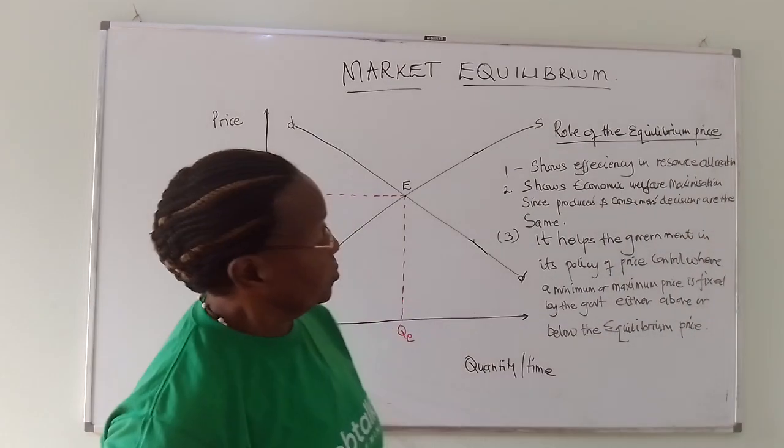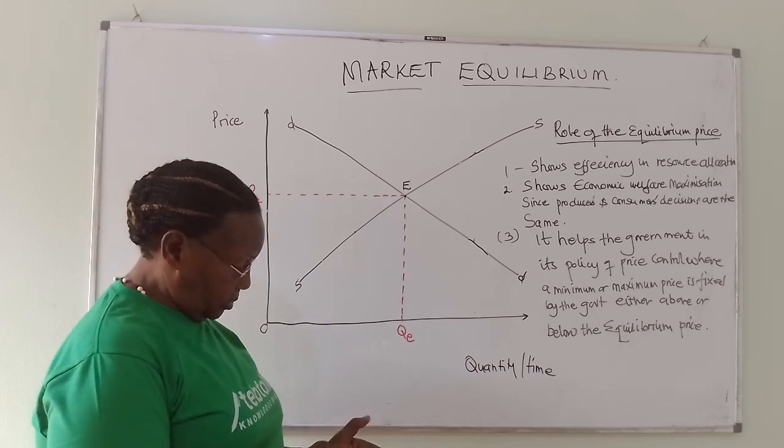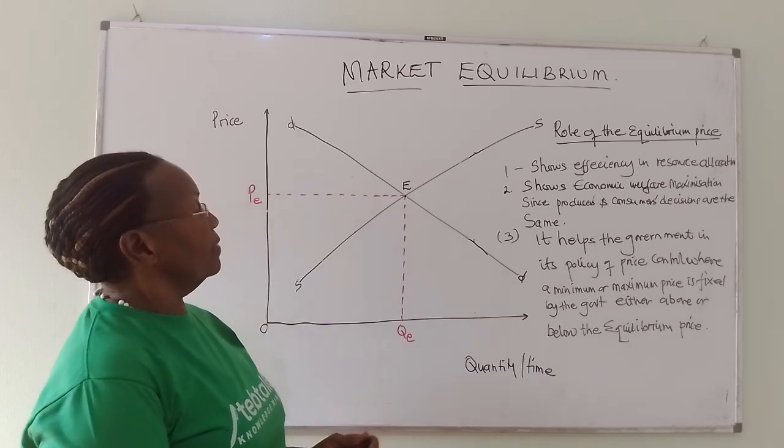So if the equilibrium price is not there, then price controls may not be easy to establish or to set up by the government.